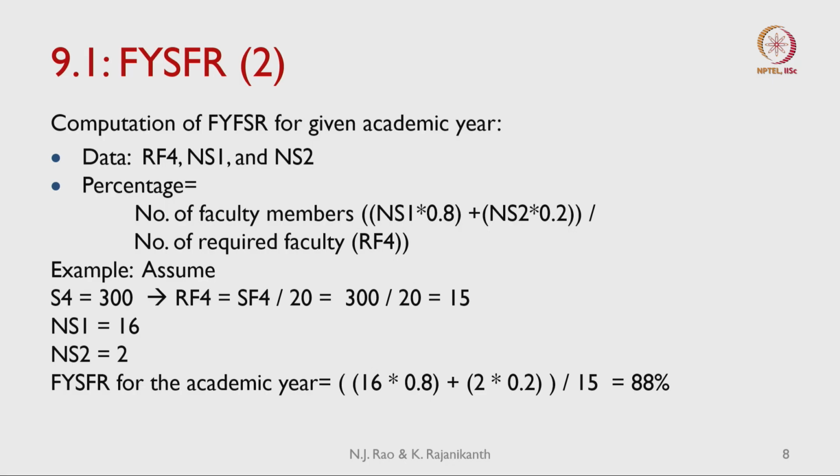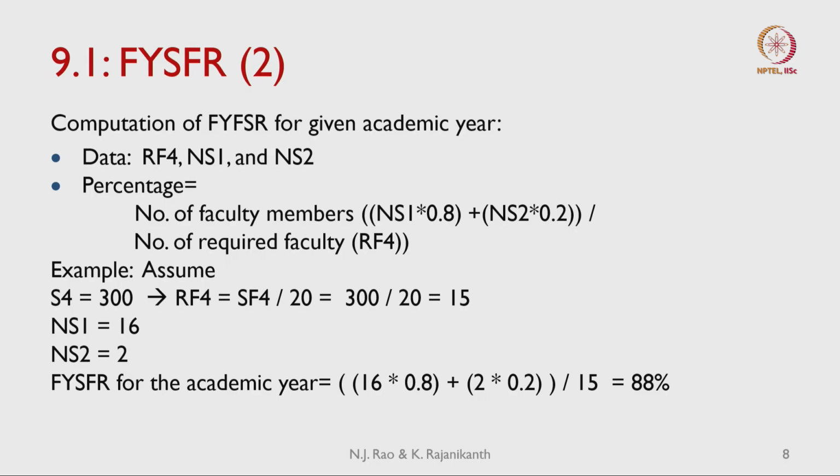Just a numerical example to show. S4 is 300, that is the sanction intake. So, RF4 is S4 by 20, which is 300 by 20, which is 15. Then NS1, we are assuming there are 16 faculty members in basic sciences, humanities, etc. Then 2 from engineering sciences are exclusively devoted to first year courses.